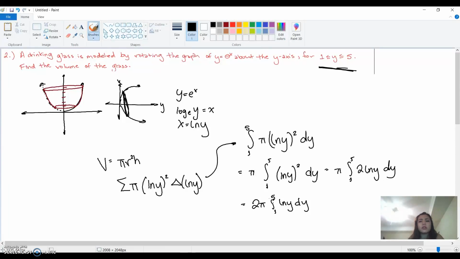So now here's the tricky part. I'm going to use u substitution and let u equals y to the 0 power, which is just 1.